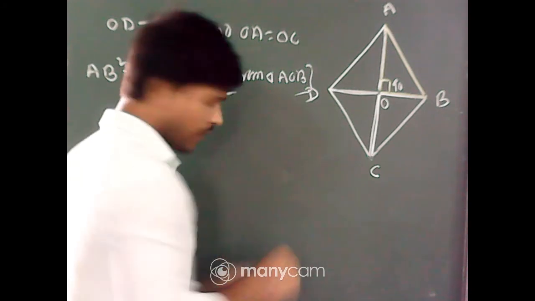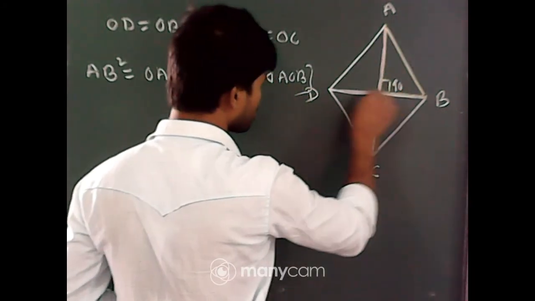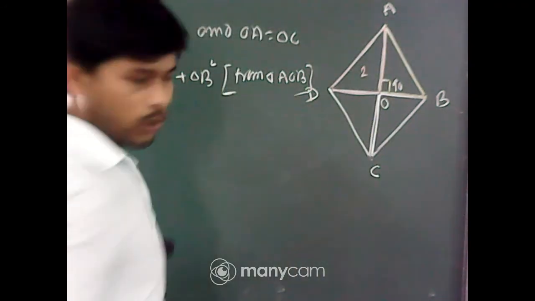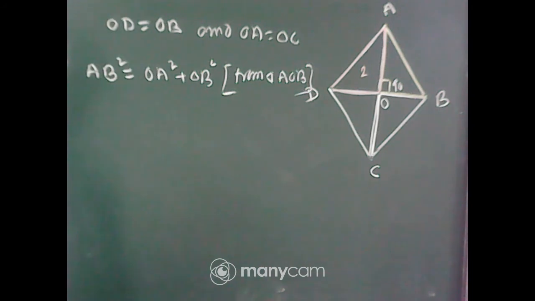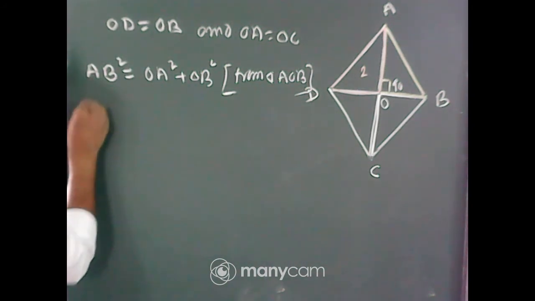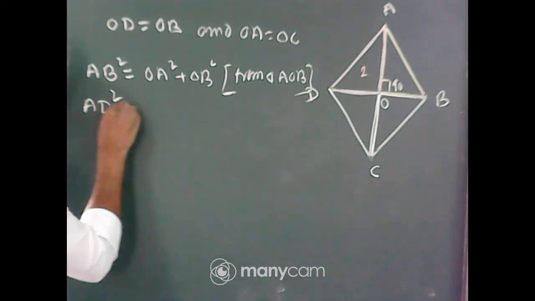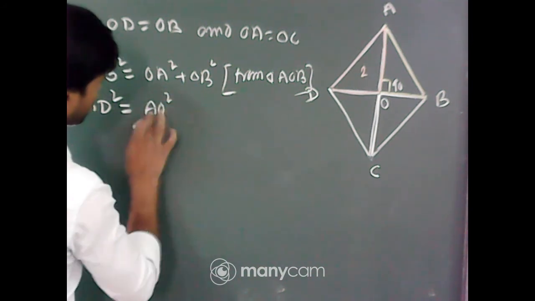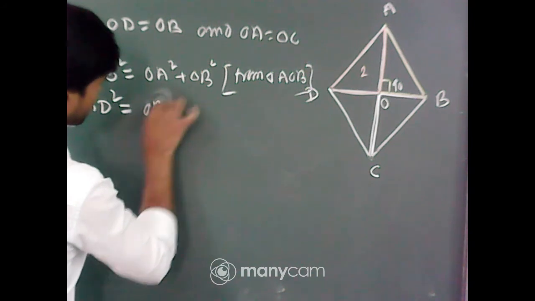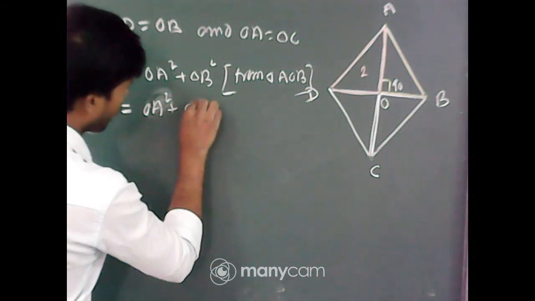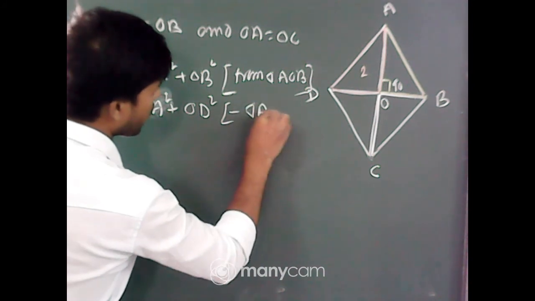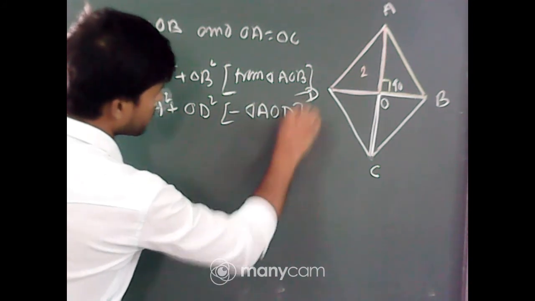Similarly, now if I consider this triangle AOD, from that triangle we have hypotenuse AD square is equal to OA square plus OD square, from triangle AOD.